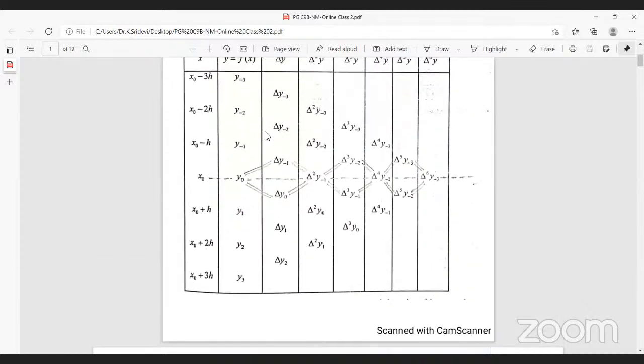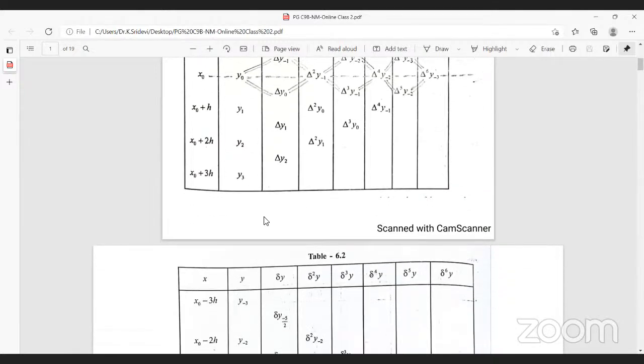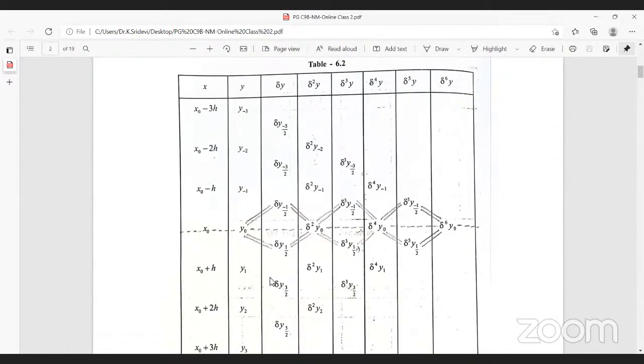Now, here we are talking about central differences. We know that this operator, delta, is the forward difference operator, but this delta is the central difference operator. We can convert all the entries in this table into the central difference operator by using a formula. The forward difference operator delta is equal to the central difference operator delta into the shift operator e to the power 1 by 2.